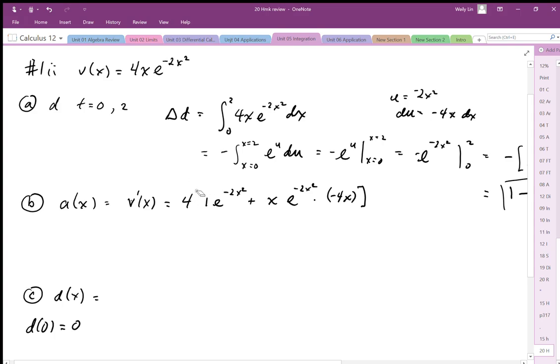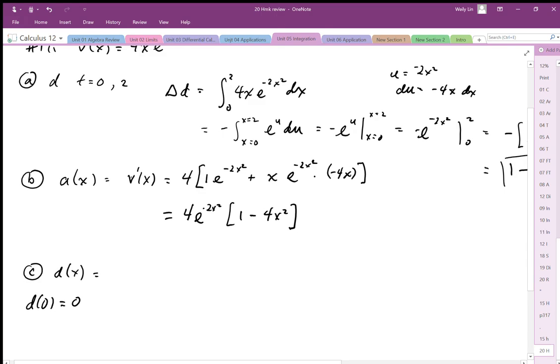So there is our expression. We can maybe simplify this a little bit by factoring out e to the negative 2x squared. So we're left with 1 minus 4x squared as our acceleration expression.